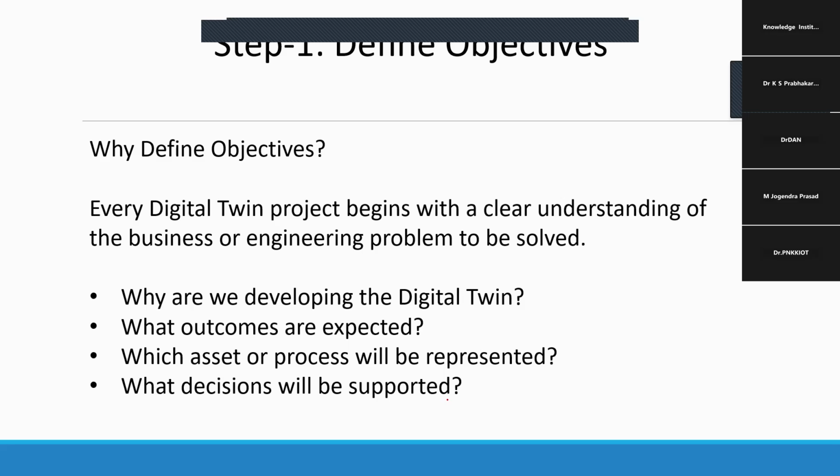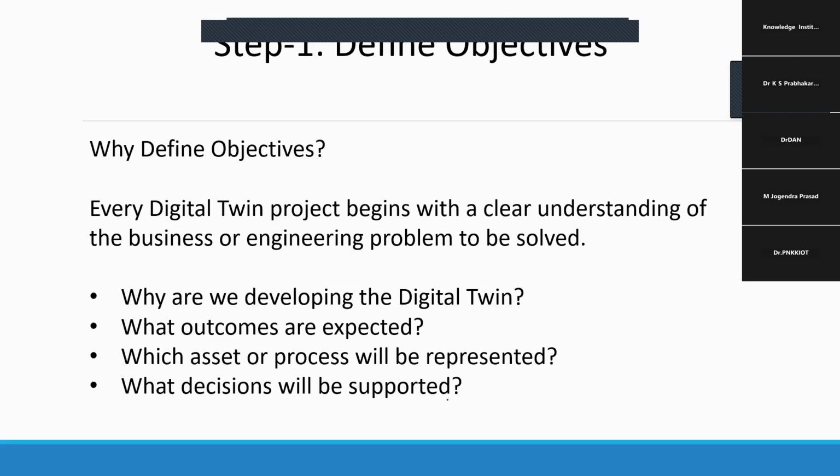also increase the productivity. Second is what kind of outcomes are expected. For example, we may want to reduce the downtime by 10% or 20%, or improve energy efficiency by 10%. Or suppose you want to increase the lifespan of the equipment. This is the outcome.